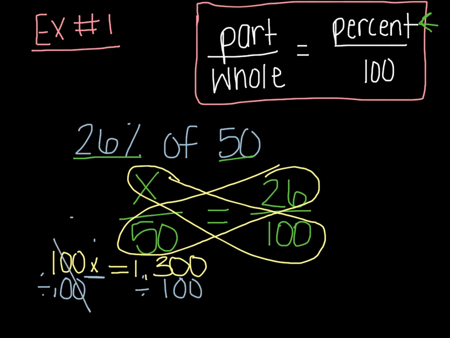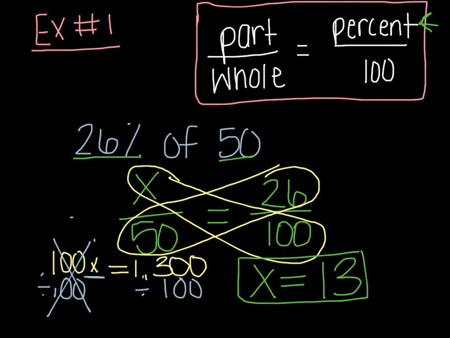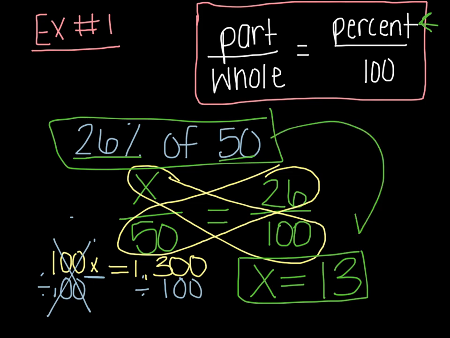Now this is going to cross itself out. And then when we do 1,300 divided by 100, we get 13. So X equals 13. So 26% of 50 is 13.